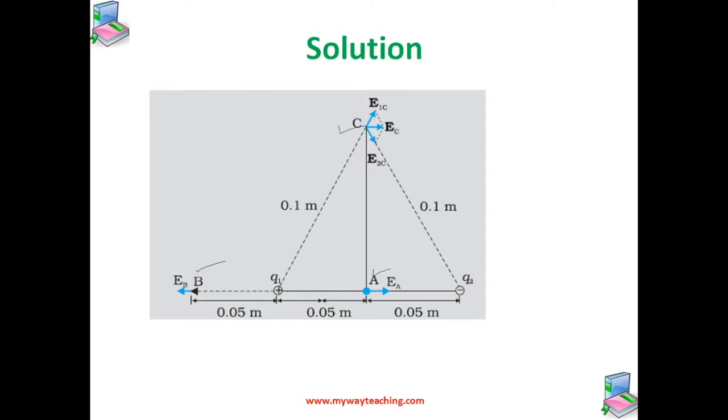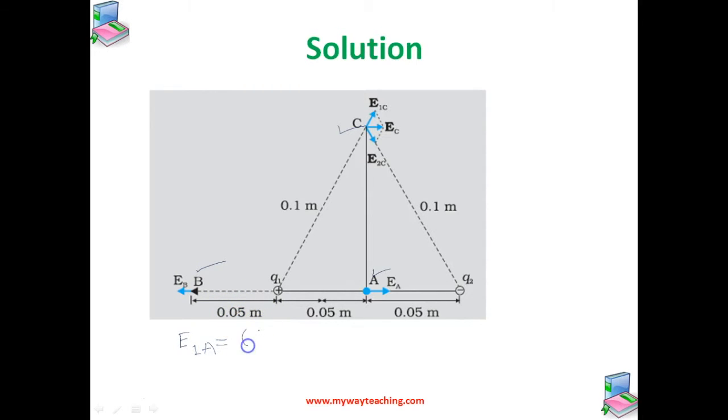The electric field vector E1A here at A, due to the positive charge Q1, points towards the right, and it has a magnitude equal to, E1A is the electric field at A due to charge Q1.